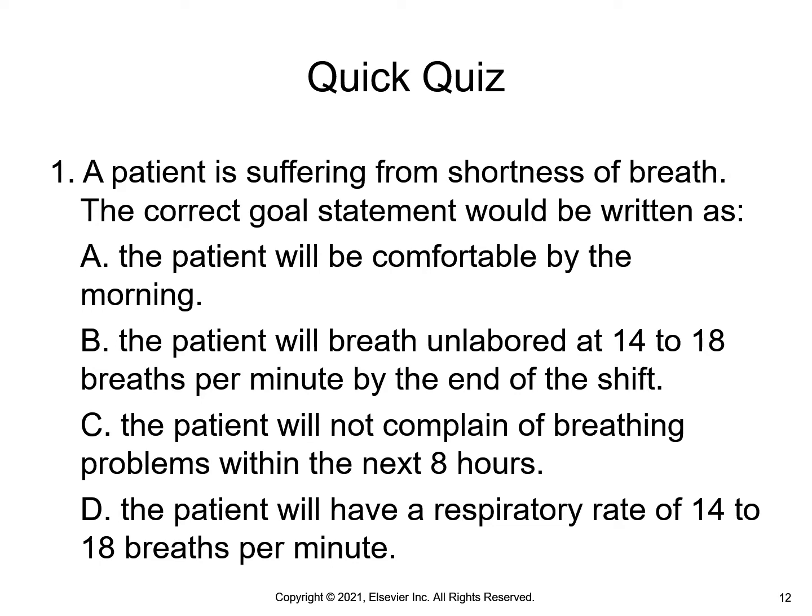D, the patient will have a respiratory rate of 14 to 18 breaths per minute. So when looking for the correct goal statement, remember to look back at the prior slide and look at SMART. The answer for this is B.